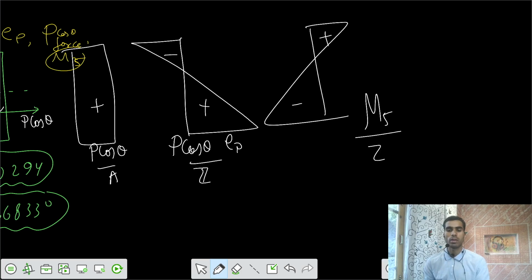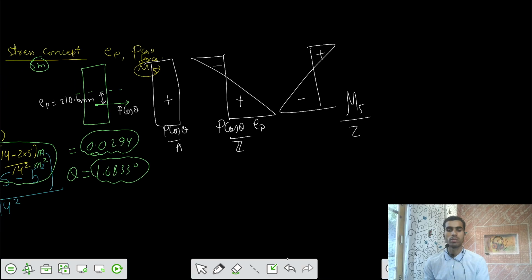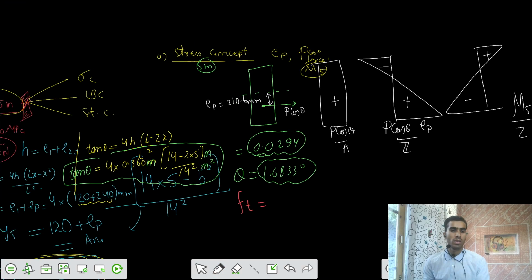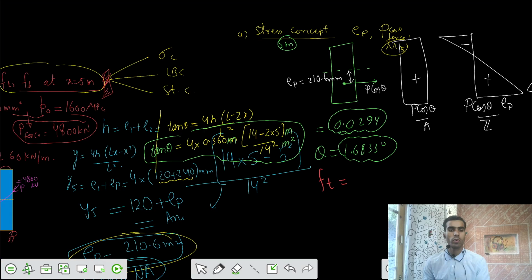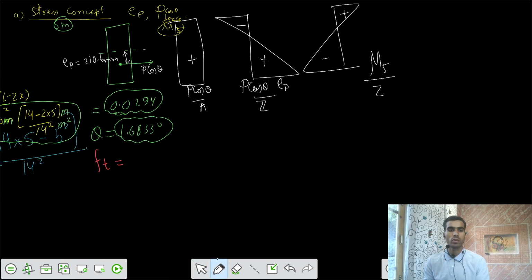So we need to calculate stresses at the top and bottom. Let's solve for that. I would say stresses at the top is equal to the value of P force, which was 4800 kilonewton, into cos theta.